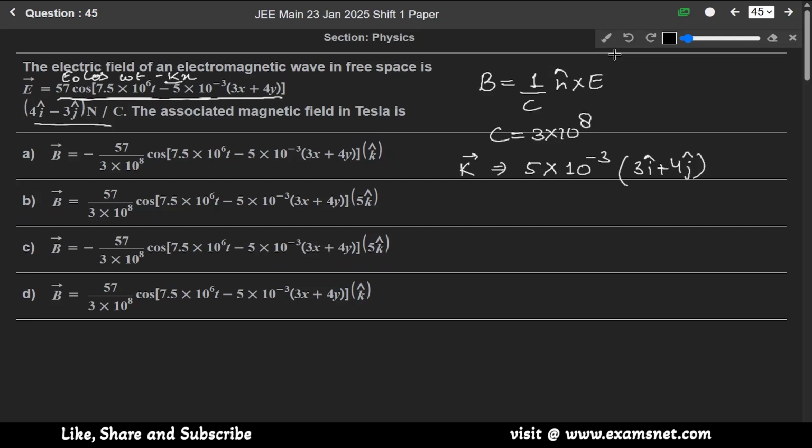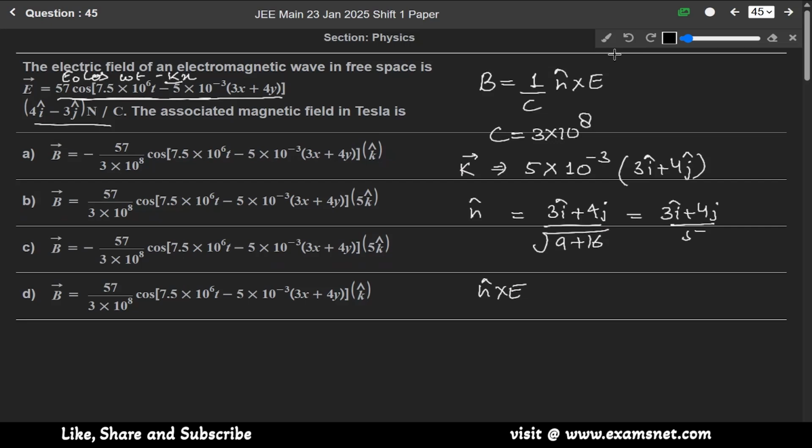So n cap, the unit vector in the direction of propagation, will be 3 i cap plus 4 j cap over under root of 9 plus 16, so it will be 3 i cap plus 4 j cap over 5. Now we have found the n vector, and we will find the n cross E vector.